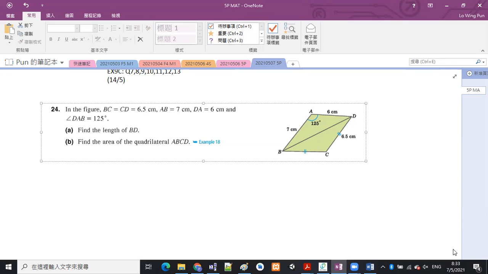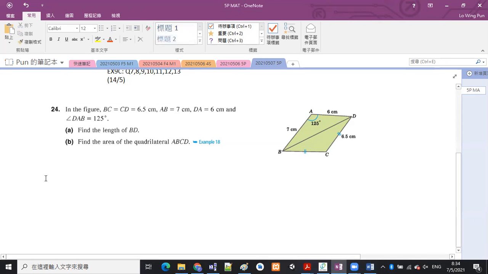Cosine, yes, cosine formula, right? Because there is no pair of corresponding length and angle, so we cannot use sine formula. And then we are going to use cosine formula to find the length of BD in triangle ABD. So like this.